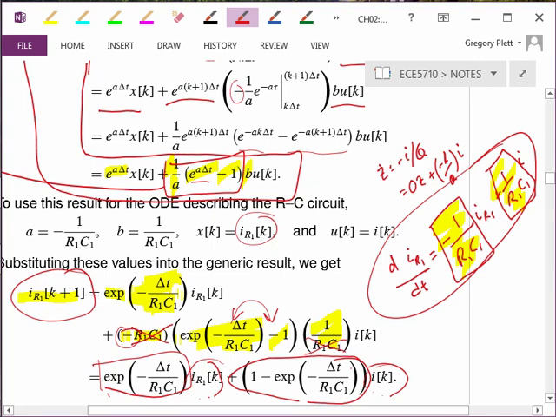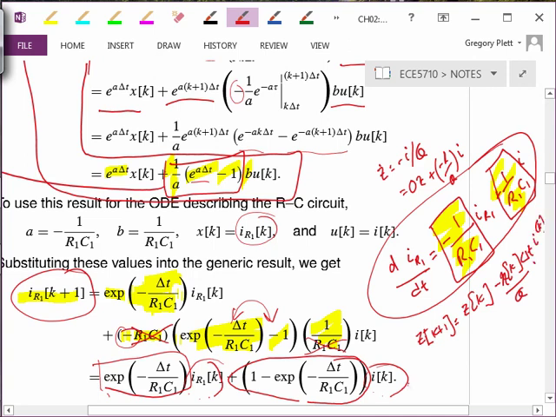So it's a lot of effort to get the general form of the equation, but once I have that general form, it's very simple to put in the values for my resistor capacitor network to get a discrete time equation for it. So now I have a discrete time equation for SOC: z of k plus 1 equals z of k minus eta of k over q times delta t times I of k.